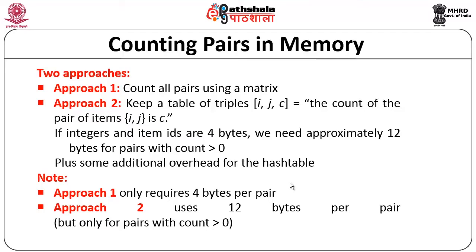So totally 6 bytes are essential. In certain scenarios, if it is alphanumeric information, we may require 4 bytes for representing an item itself. So 4 into 3 attributes, totally 12 bytes are essential for representing one piece of information.